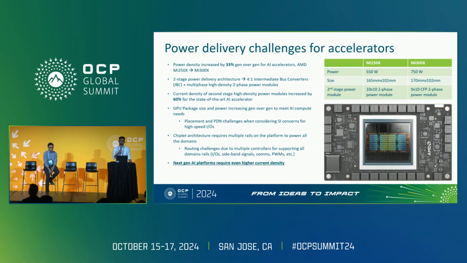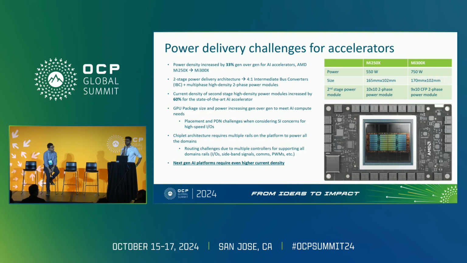With the demand for AI applications skyrocketing, the compute density requirements at rack level have been increasing exponentially, and that drives the power density requirements on the AI platforms. For example, from AMD MI250X to AMD MI300X, there is about a 33% gen-over-gen power density increase.